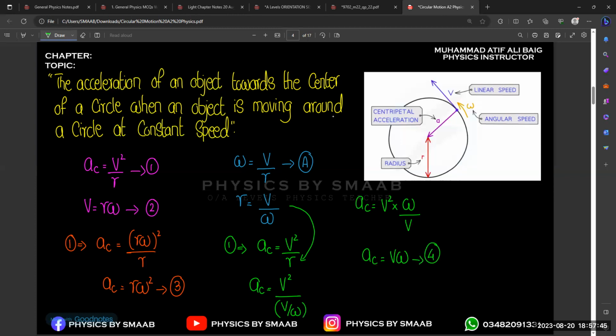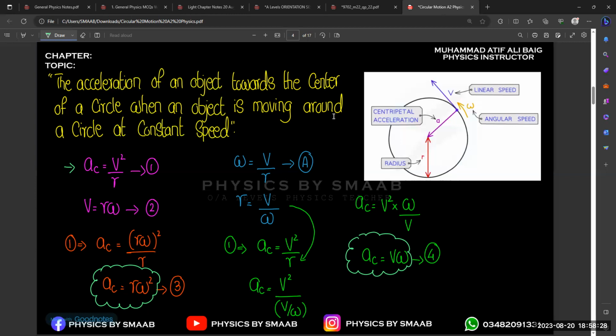So basically, there are two alternative equations that we can use for centripetal acceleration with angular speed, right? This equation gives you the concept of centripetal acceleration with linear speed, and these two equations, equation number 3 and equation number 4, give you centripetal acceleration with angular speed. Basically both are the same. It's up to you from which concept you derive the equation.